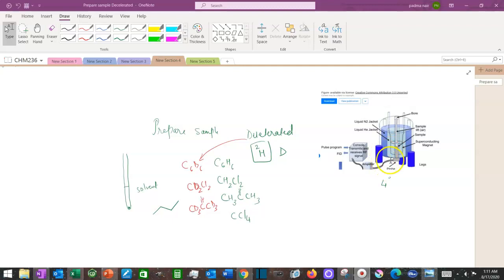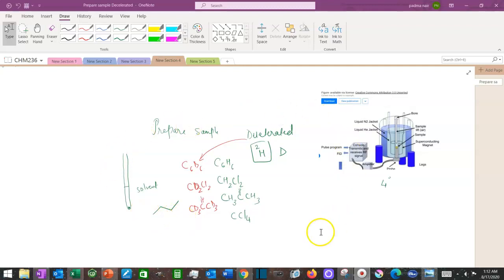Let it run for maybe 16 scans, which is more than enough for a proton NMR, and you will get a signal pretty quickly, telling us about the type of protons you have in this compound. You can do the same thing with carbon NMR. There are 4 carbons in this molecule, so you can get the carbon NMR for this molecule too.